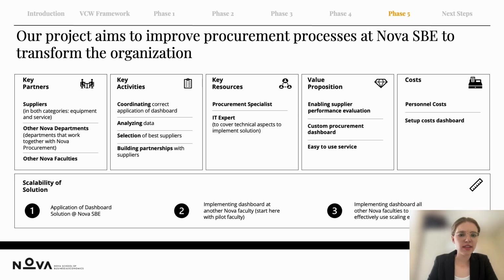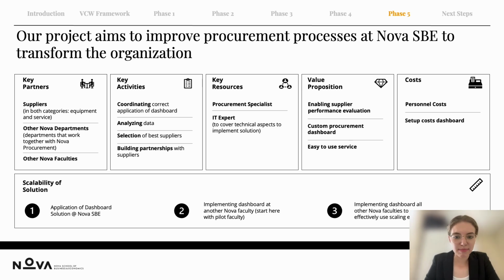So what is actually the value proposition of our project? First of all, we enable supplier performance evaluation. We create a customized procurement dashboard, and our solution is easy to use. And what costs come with this solution? There are personnel costs related to the procurement specialist and the IT expert, but also setup costs related to the dashboard.